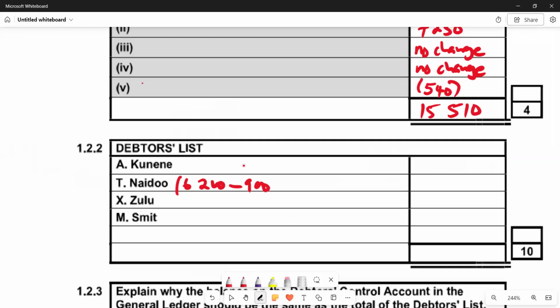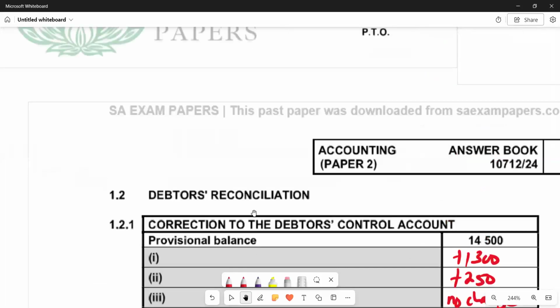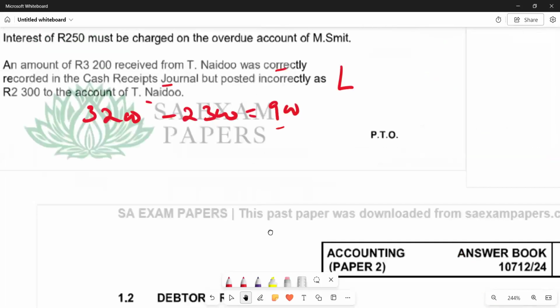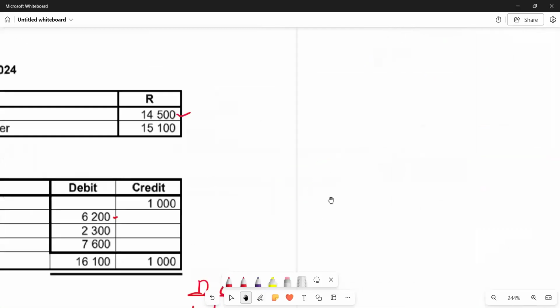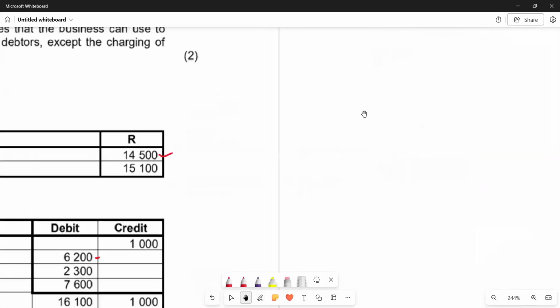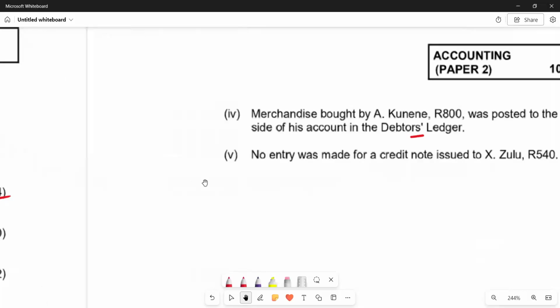Here you can leave it open because you might have another adjustment that is affecting T92. Then you can just add on to the calculation. You see that this was the first one that is affecting our debtors list. Then we can see what we have on the second one.